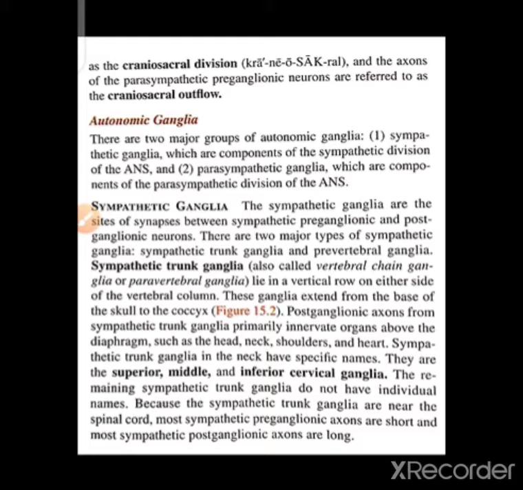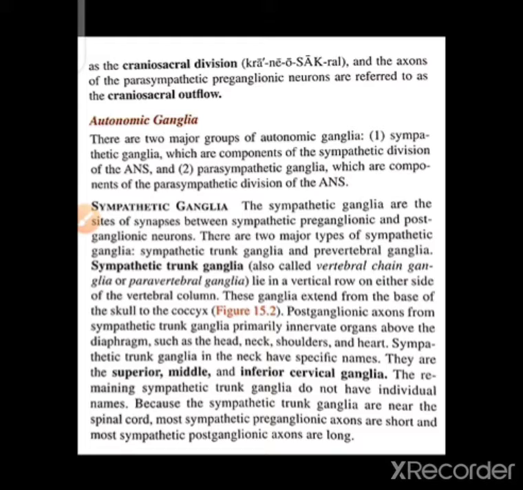Now, the autonomic ganglia. There are 2 major groups of autonomic ganglia: sympathetic ganglia, which are components of the sympathetic division of the autonomic nervous system, and parasympathetic ganglia, which are components of the parasympathetic division.